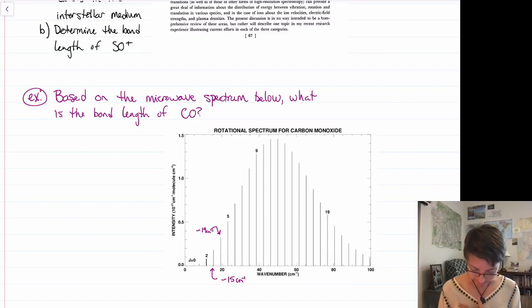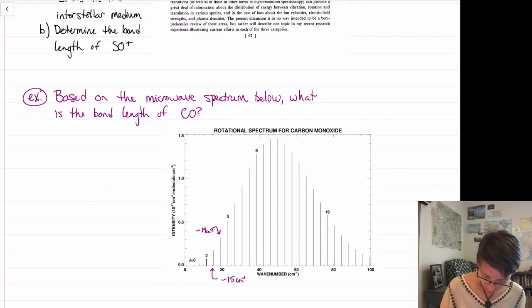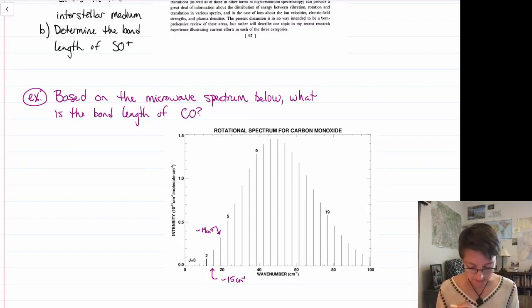I'll give you the fact that our peak corresponding to the J equals 3 to J equals 4 transition appears at about 15 inverse wave numbers, and our peak corresponding to the J equals 4 to J equals 5 transition shows up at about 19 wave numbers. So once again, go ahead and pause the video and see if you can use this information to calculate the bond length of carbon monoxide.